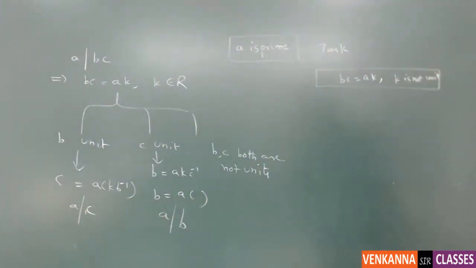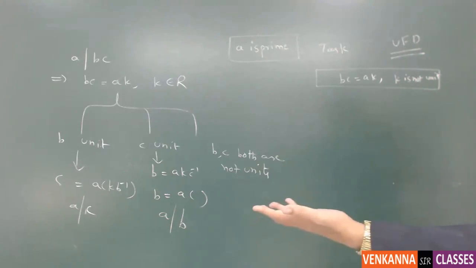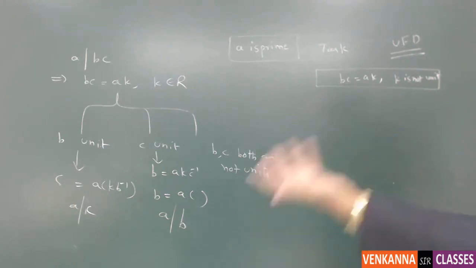So, as we have taken that BC is equal to AK, K is not a unit, I am assuming this statement here. Now, since we have taken a unique factorization domain, for every element, we can write the product of factors.